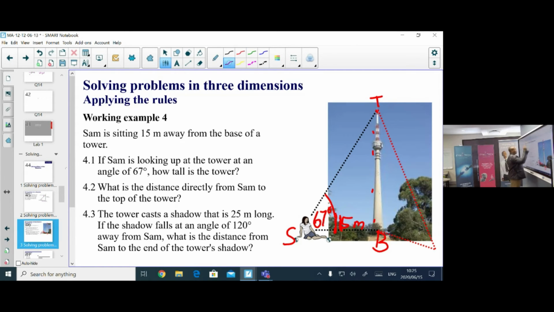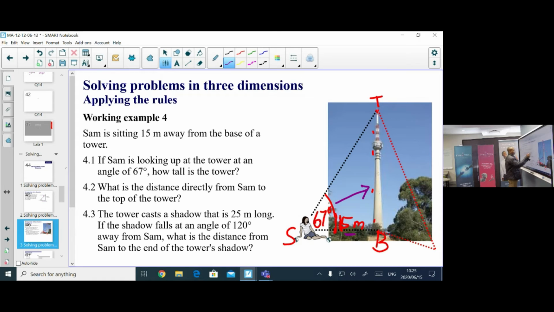So the angle given is opposite to that height TB. So we can easily use some trig function that involves opposite, and we are also given an adjacent.